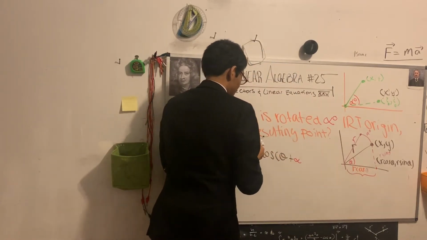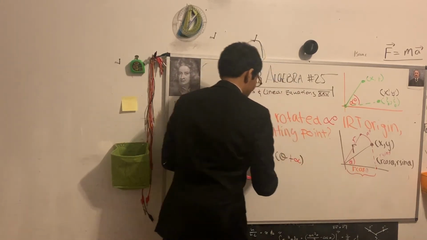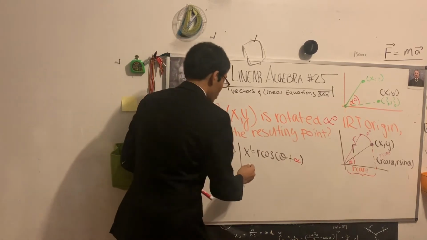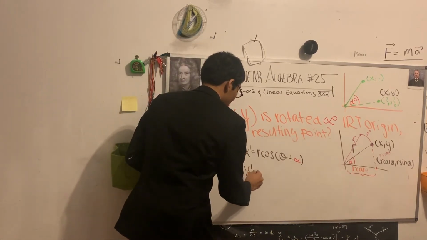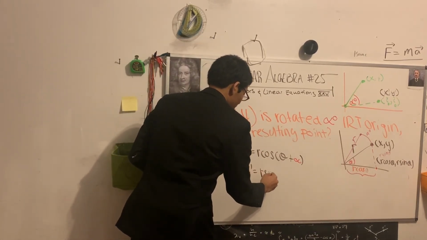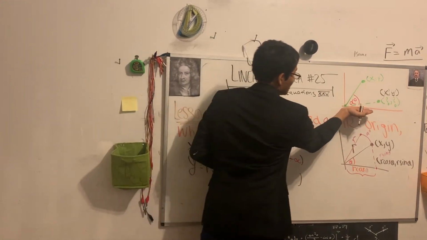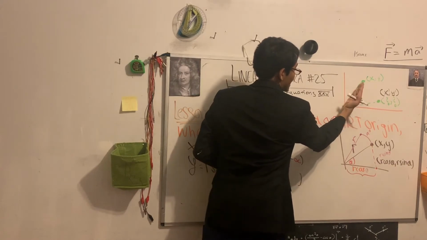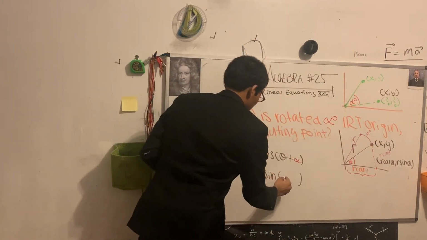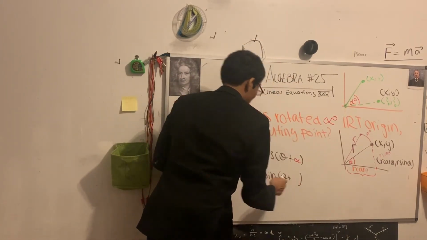So that's x prime. What about y prime? It would be the same. Can you predict how much we are rotating y prime? Not just theta, but theta plus alpha.